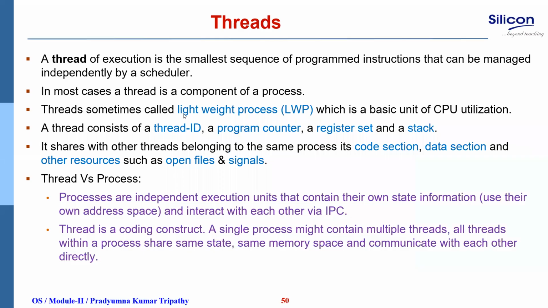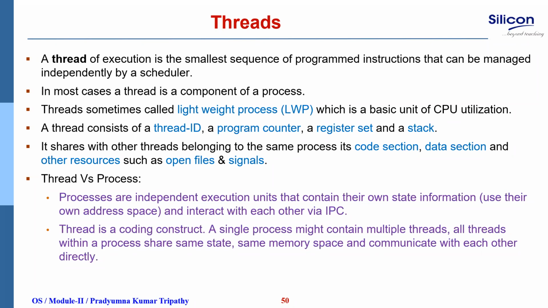Now, while the process is running, there might be small sequences of executions running in parallel, right? Those are for checking the grammar or typo errors or for auto saving. So small light processes also work while a particular process is executing. Those are called threads.